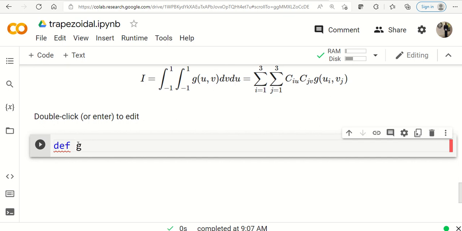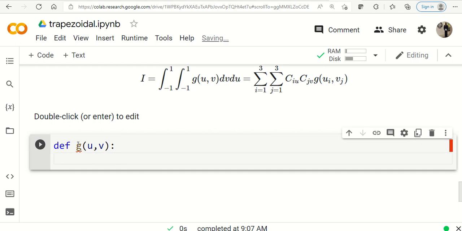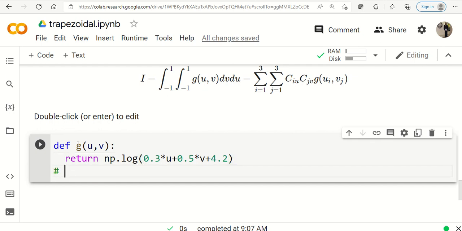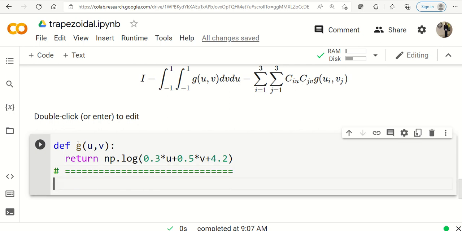So I define the g(u, v) function, and it should return the natural log of 0.3 times u plus 0.5 times v plus 4.2, and that's it. Okay, the function has been defined.